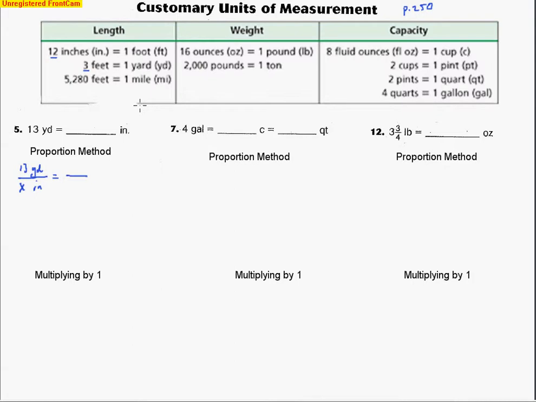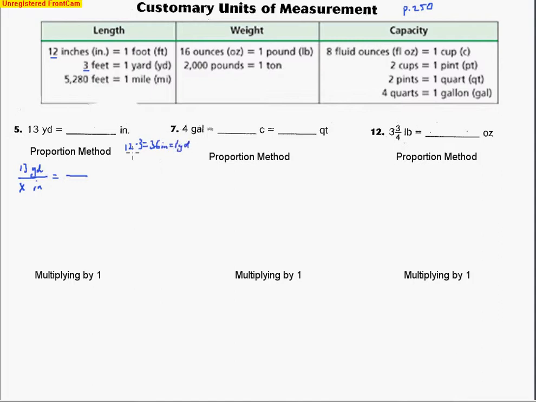So what we need to do is figure out how many inches are in 1 yard. Well, there's 3 feet in 1 yard, 12 inches in 1 foot. So if we take the 12 and multiply it by 3, basically 12 plus 12 plus 12, but instead of doing that, we can multiply the two numbers and get 36. So there's 36 inches equals 1 yard.